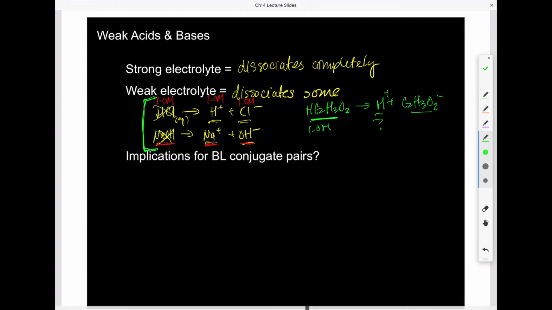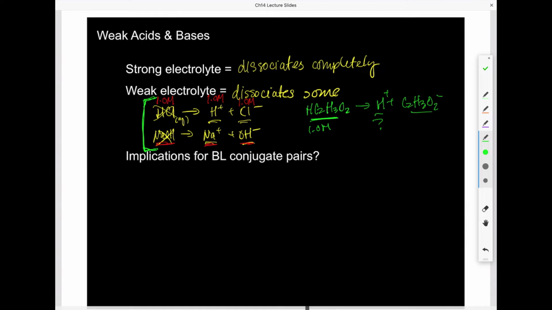Okay, so one more time. Things that are classified as strong electrolytes are also strong acids or strong bases. Okay, which means that strong bases, again, are the soluble metal hydroxides. Strong acids, there is a list of those back in chapter 5, I believe it is. So go back to that.